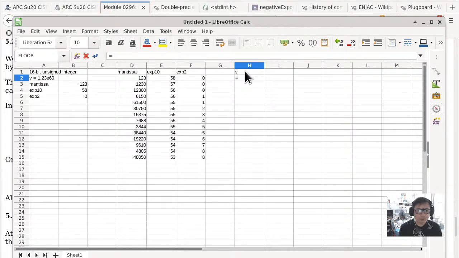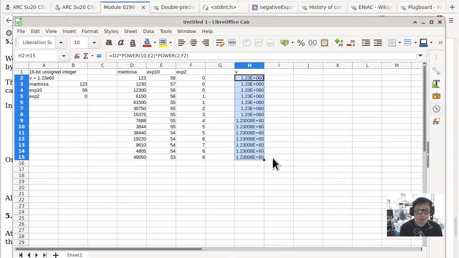So we look at this and we say it is the mantissa times 10 to the power of this value, times 2 to the power of this. Okay. So we got our 1.23E60 back, and we should get the same value for every single row. And if we don't, that means I have made a mistake.